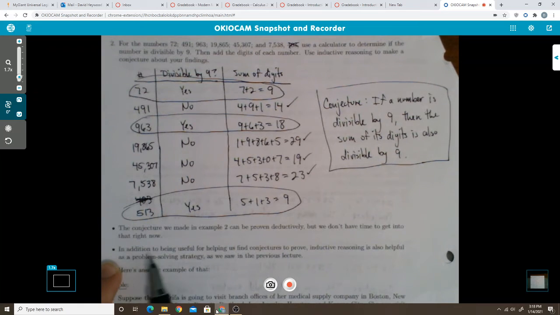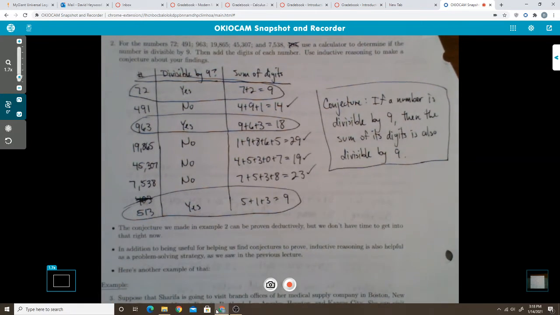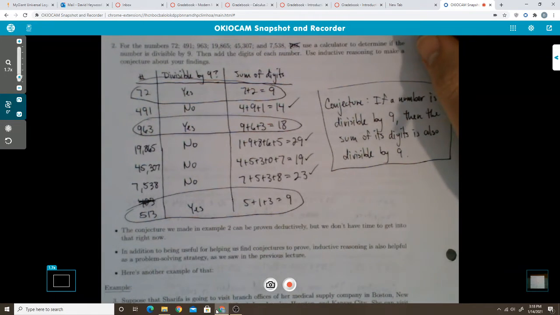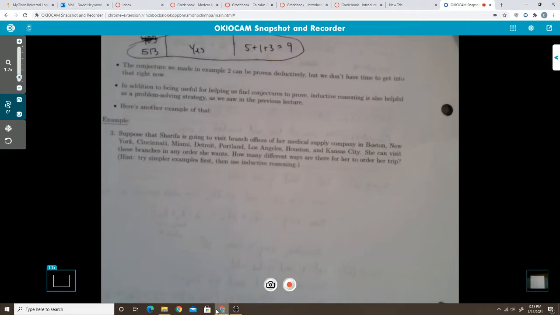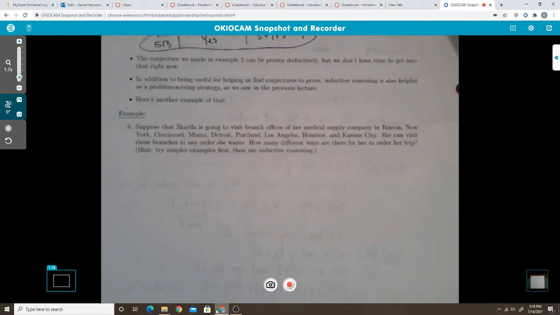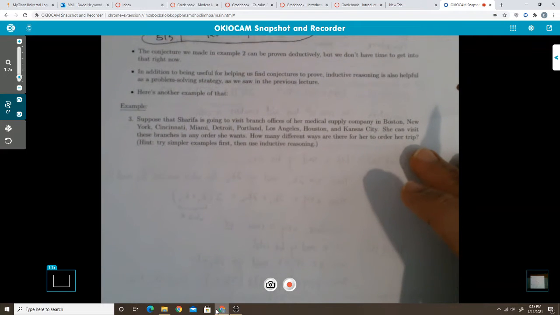Right? Now, in addition to being useful for helping us find conjectures to prove, inductive reasoning is also helpful as a problem-solving strategy, and we actually saw this in the previous lecture. Here's another example where you can use some inductive reasoning to help you solve a problem.